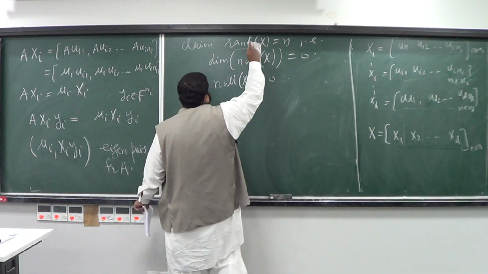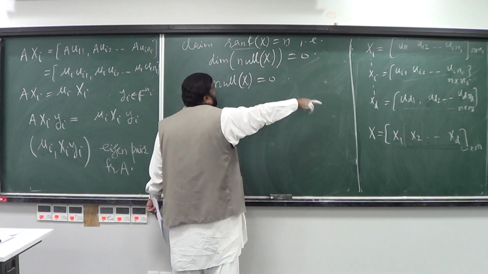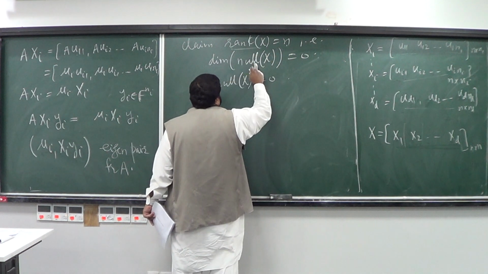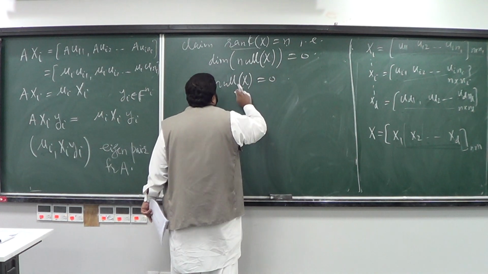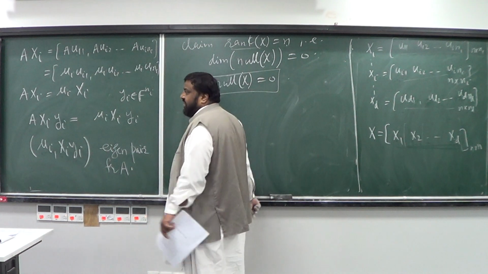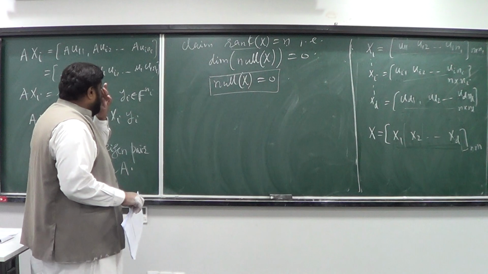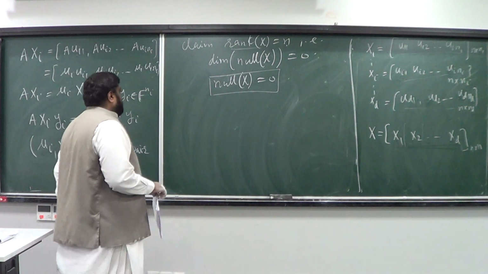So in order to show that the rank of matrix X is n, in other words, in order to show that they are linearly independent, I need to show that the dimension of the null space of X is 0. I need to show that the null space of matrix X is 0. Now, how to do it?